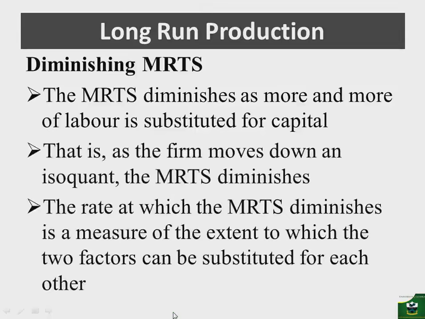With that, as the firm moves down an isoquant, the marginal rate of technical substitution diminishes, and the rate at which it diminishes is a measure of the extent to which the two factors can be substituted for each other.